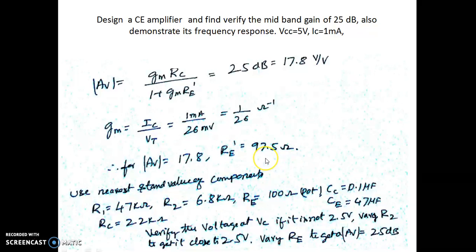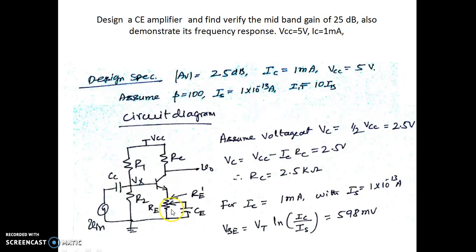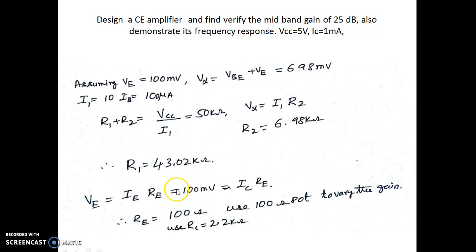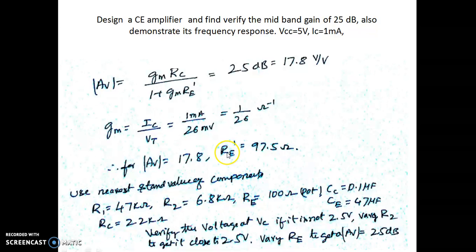So out of 100 ohm, 97.5 ohms should not be bypassed, meaning the wiper should be at the lowermost position so that the entire resistance of this RE is not bypassed. If we keep it at the top, most of the resistance is bypassed so that we get maximum gain. So we found out the value of RE dash. It is found out to be 97.5 ohms.